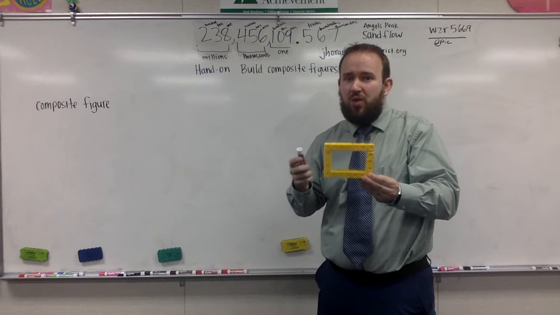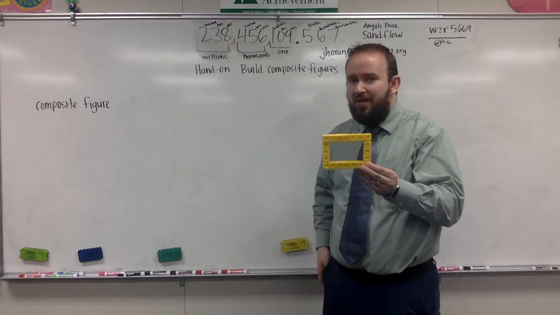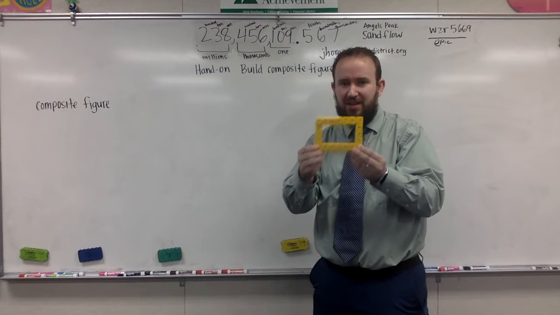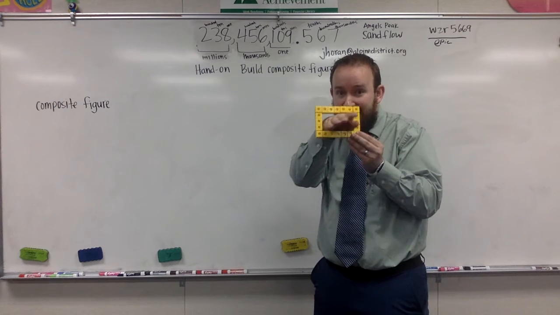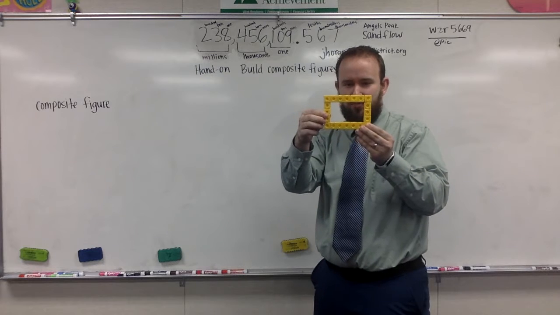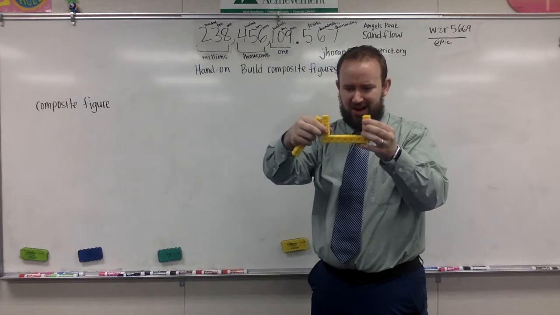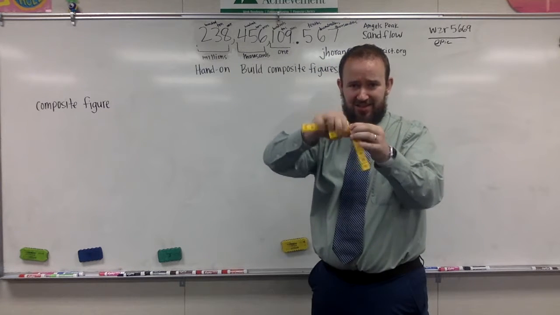Okay, so we need to have a little bit of a different plan for this. Really, the way to find the volume of a composite figure is to break them into sections that don't have a gap in the middle. So I can look at this and say, well, I'll take that piece off, and this piece off.